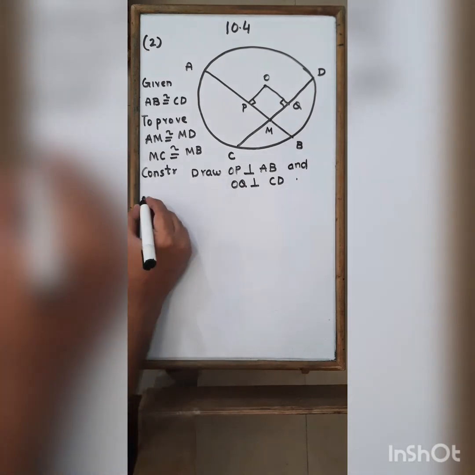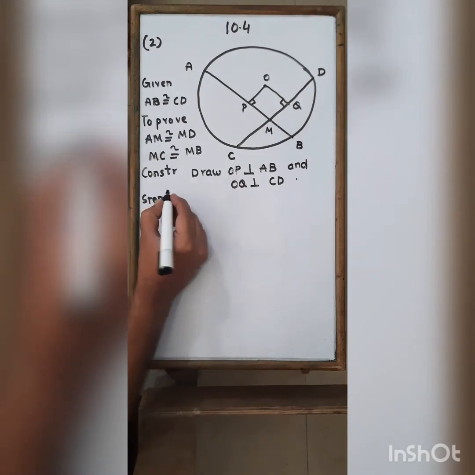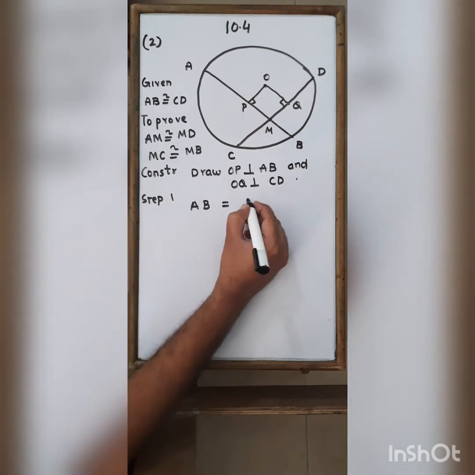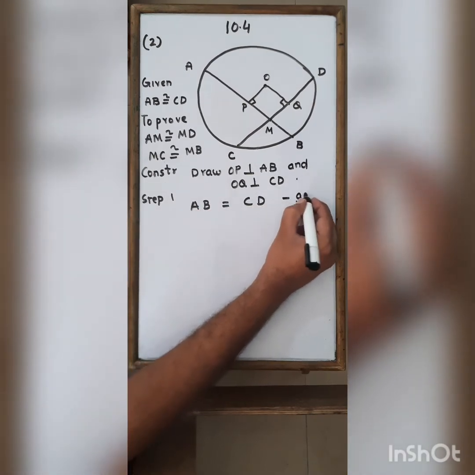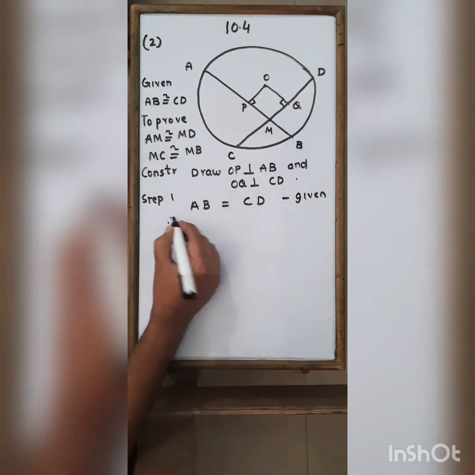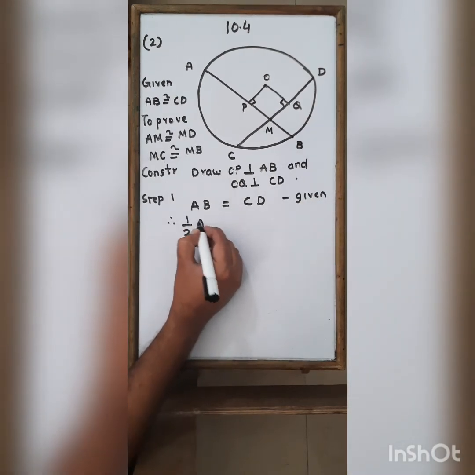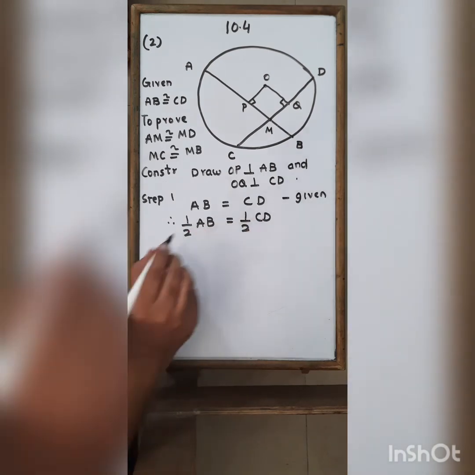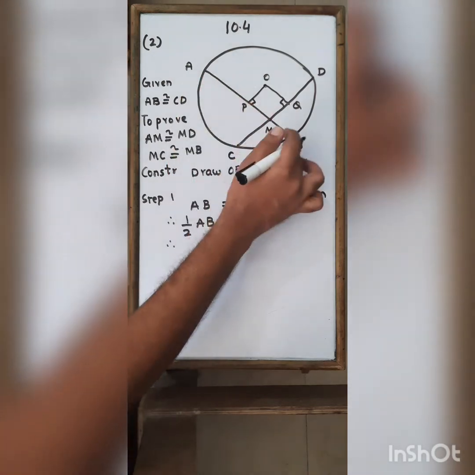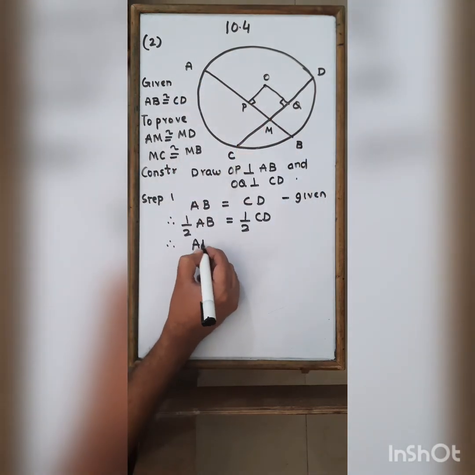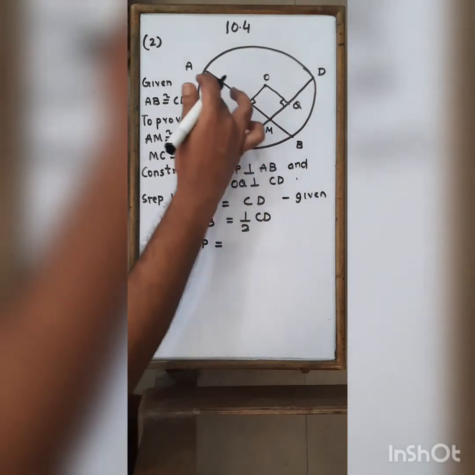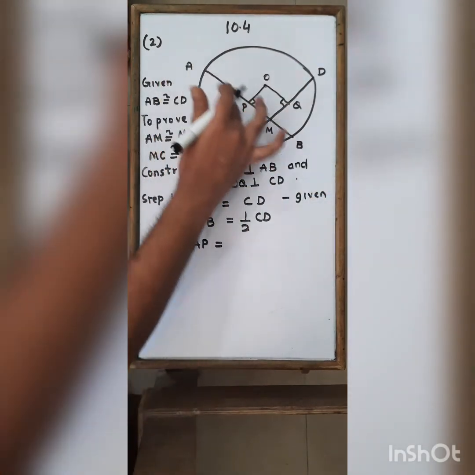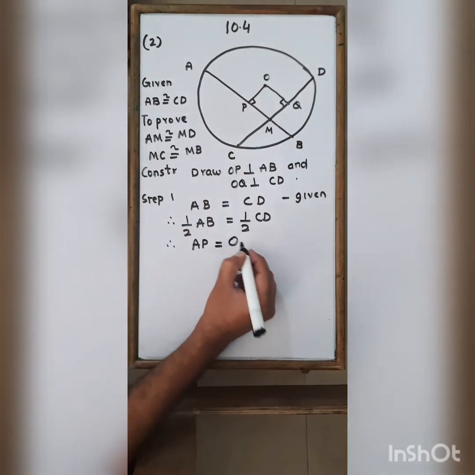Okay, so now step 1. I know AB is equal to CD. This is given, right? So therefore, can I say half AB is equal to half CD? Now, can I say AP is half AB? So therefore, AP is equal to QD.